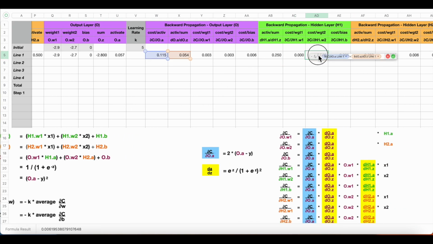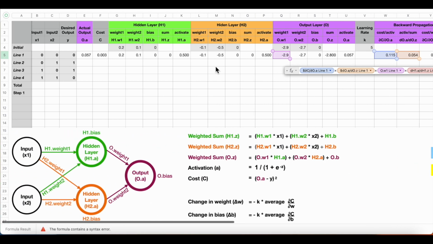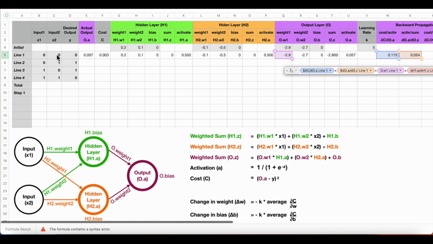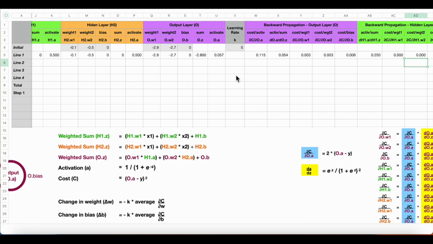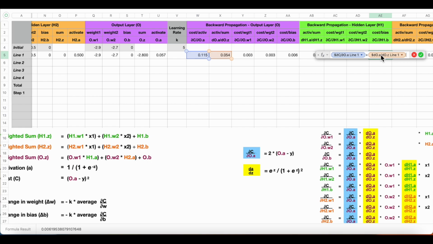We're going to do something similar for H1 weight 2, multiply that times output weight 1 times the derivative times X2. And then let's finish off the formula for the bias.